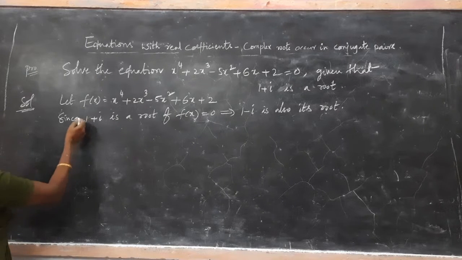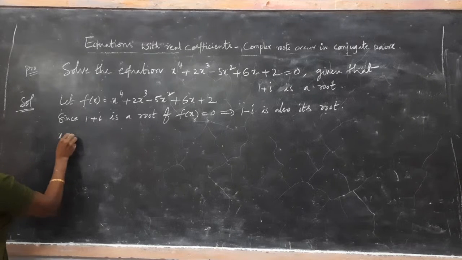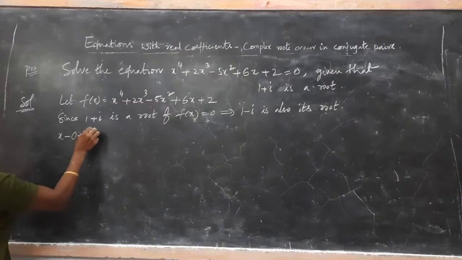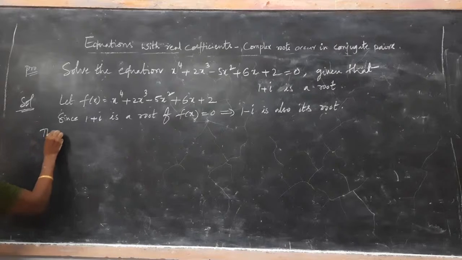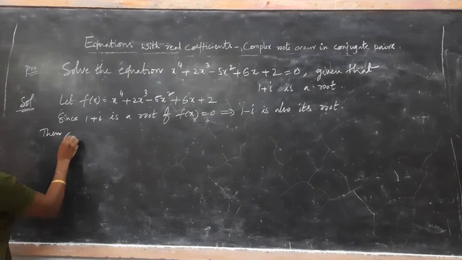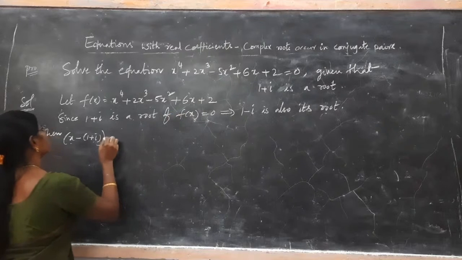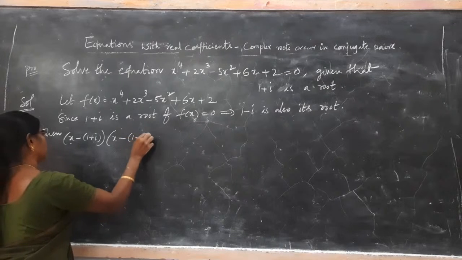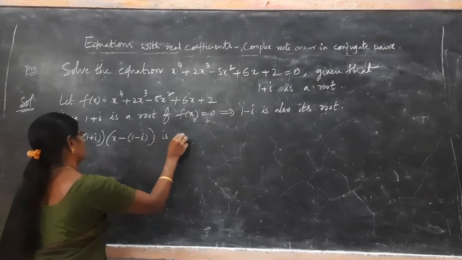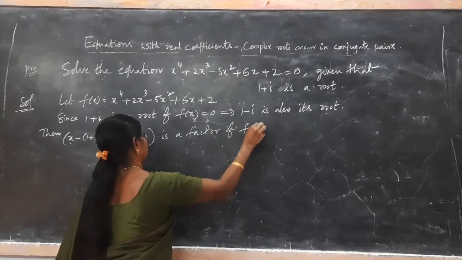So let us write the corresponding factors: x minus (1 plus i) and x minus (1 minus i) are factors of f of x.